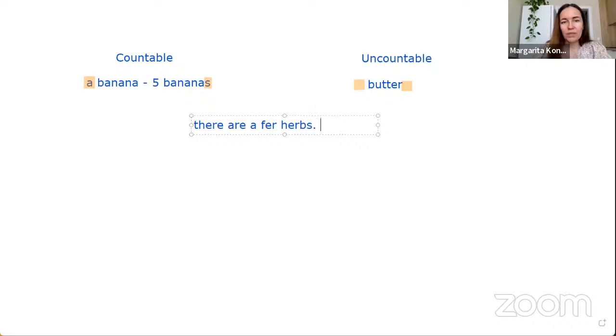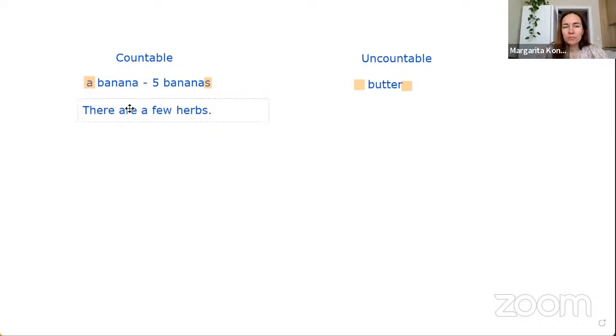Then we had such a sentence. There are a few herbs. A few. Does it mean there are many or a small number? A few, several. Is some a big or small number? Some, I don't know.